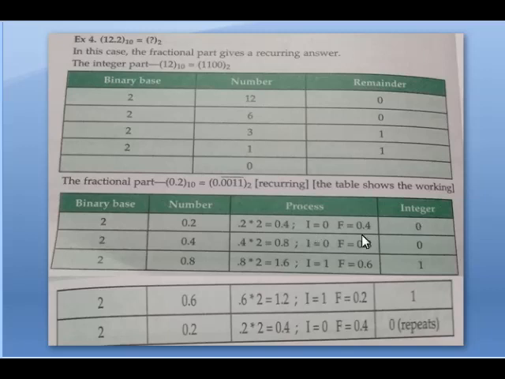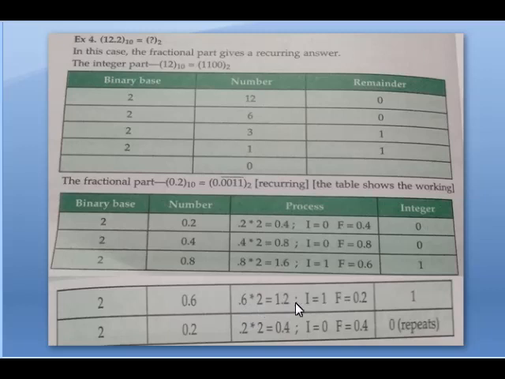So we are writing this integer part here. Then next 0.8 into 2 is 1.6, so integer part is 1 and fractional part is 0.6. So the integer part value we have to write here. Next 0.6 into 2 is 1.2, so the integer part is 1 and the fractional part is 0.2.